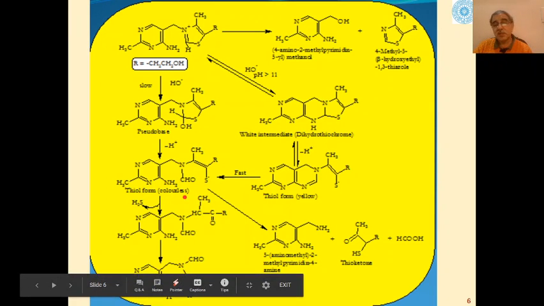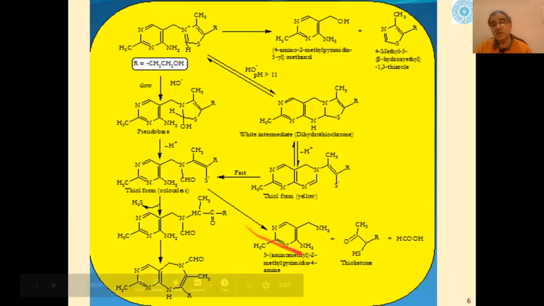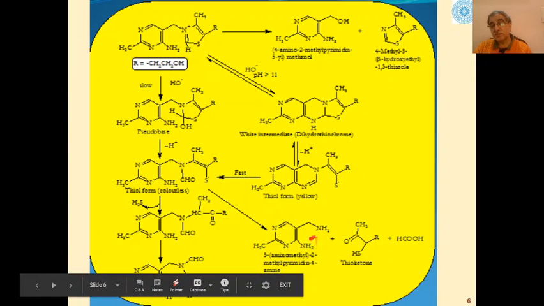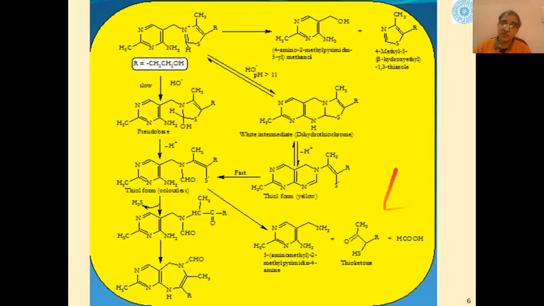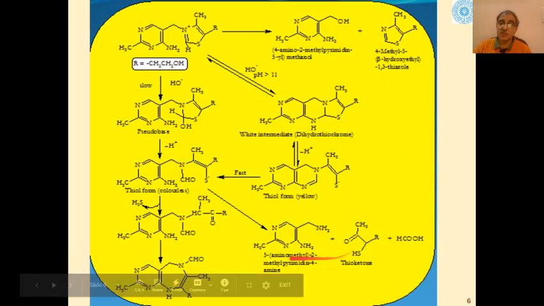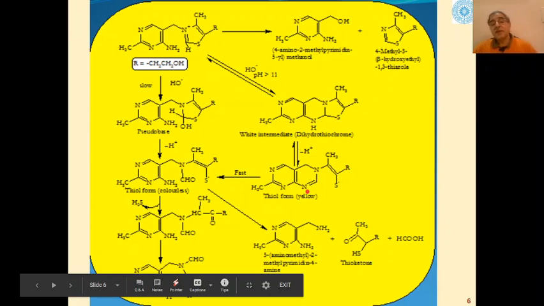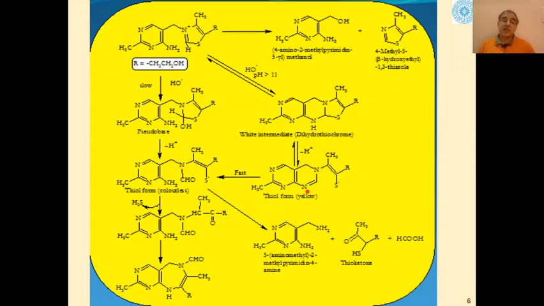Or these colorless thiol forms can undergo hydrolysis with the breaking of this bond, and we will get these types of amines and thioketones as the product in addition to formation of formic acid. So these are the different types of products which can be formed under acidic or alkaline conditions from TPP.